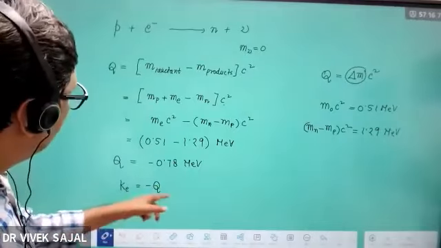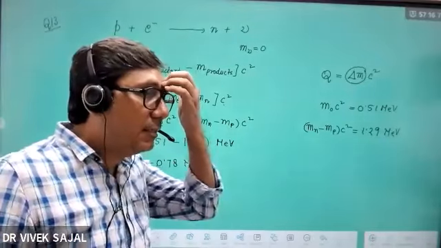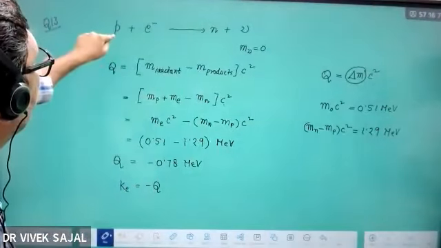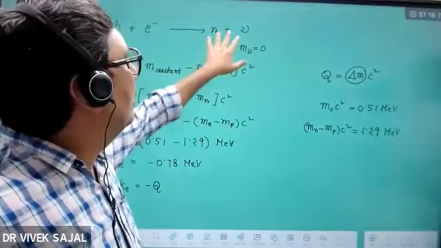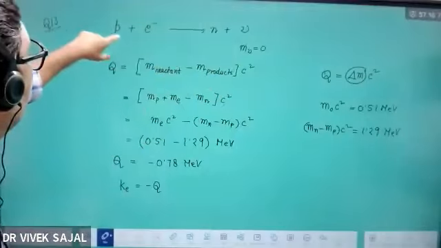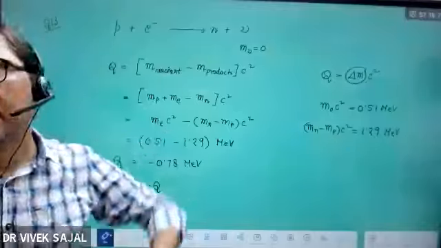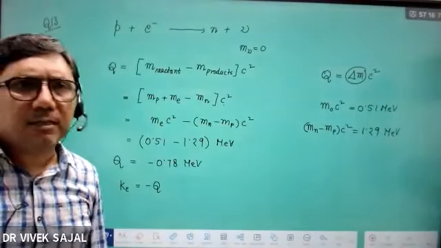Actually, how we calculate this kinetic energy, try to understand. Minimum energy will correspond to when the products are not carrying any kinetic energy after the reaction, and the proton is also carrying zero kinetic energy, or you can say the proton is at rest.